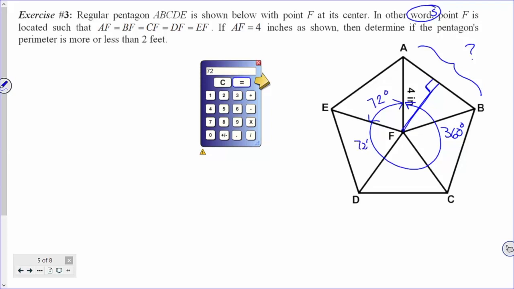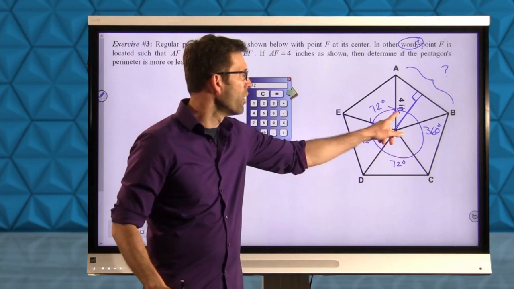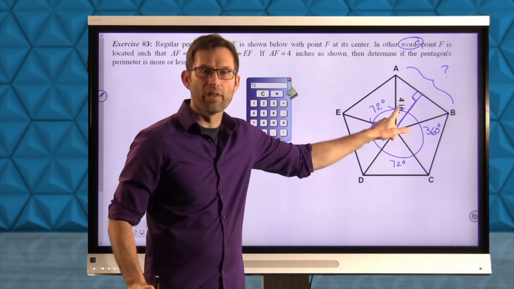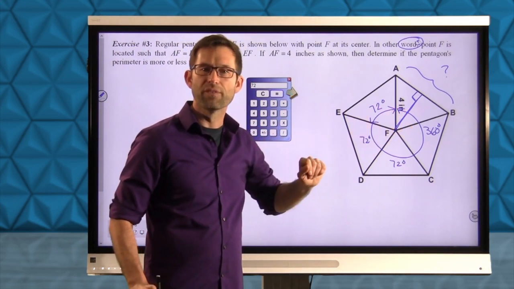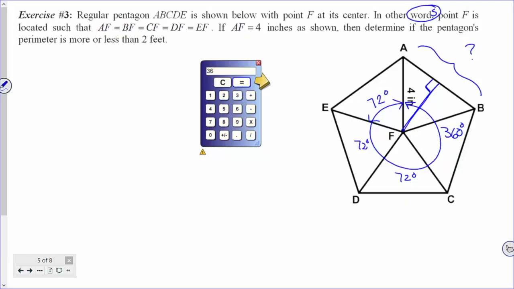That's not really the angle I want. What I really want is this small angle in here, but that's half of the 72. And of course 72 divided by 2 is 36. So that's a 36-degree angle, and that's a 36-degree angle.